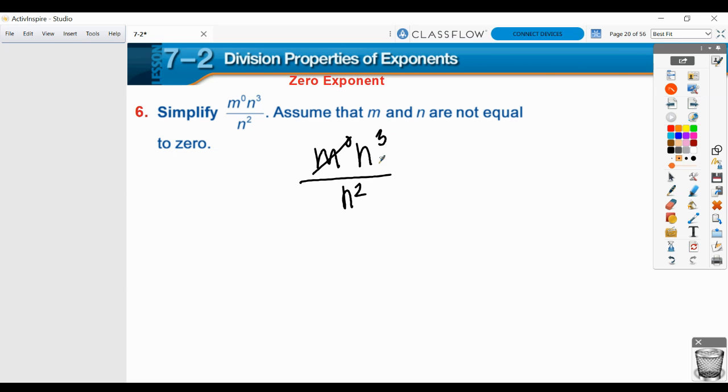And then we have n to the 3rd over n squared. So here you have the same base, and we are dividing. So you want to subtract your exponents. This would be from the other video from yesterday. So 3 minus 2 is 1.